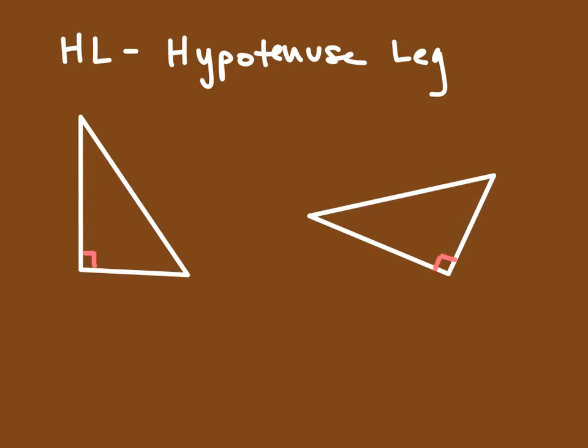Now, if I know that the hypotenuses of these triangles are congruent and one of the legs is congruent, then I know that these triangles are congruent. And so based on this information, we have to have a right triangle. And if we're just given two sides of that right triangle, one of them being the hypotenuse, and these two are congruent, and the same thing with one of the pairs of legs, then we can say that these triangles are congruent.